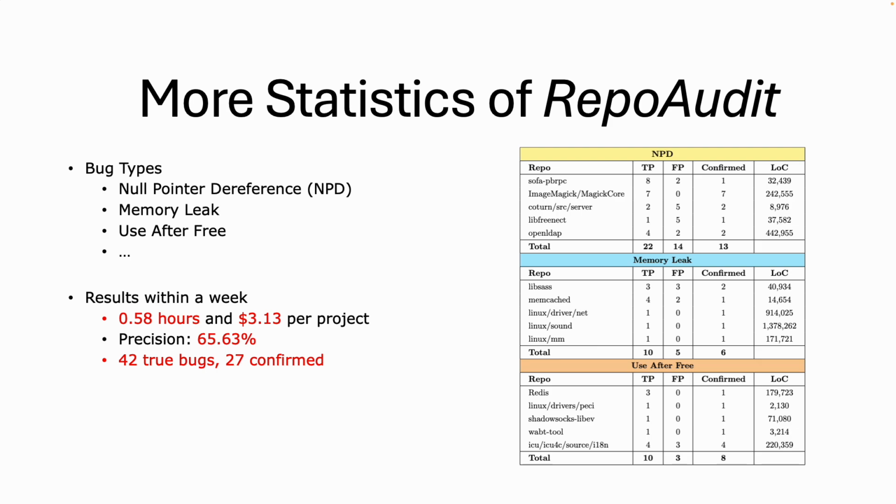On average, each project, repo, or package only costs 0.58 hours and around $3. And the precision can reach around 65%. So overall, we can outperform build-based state-of-the-art analyzers such as Facebook Infer.